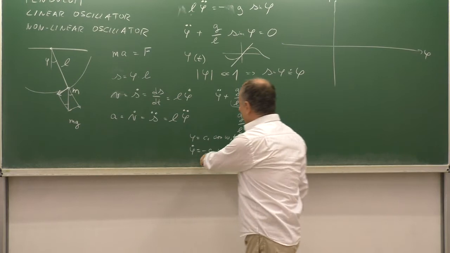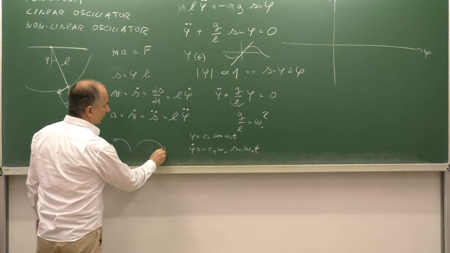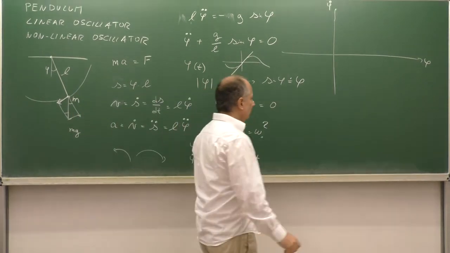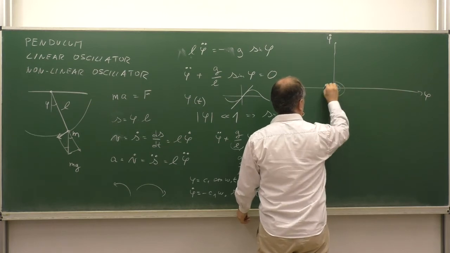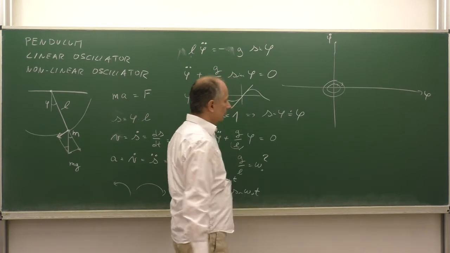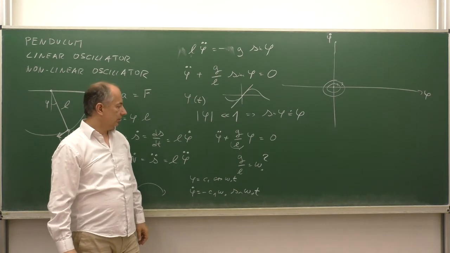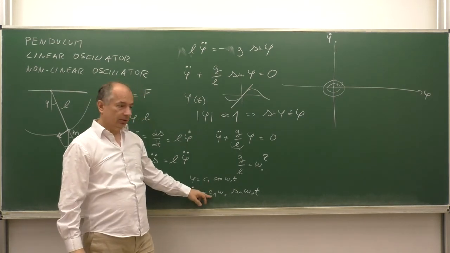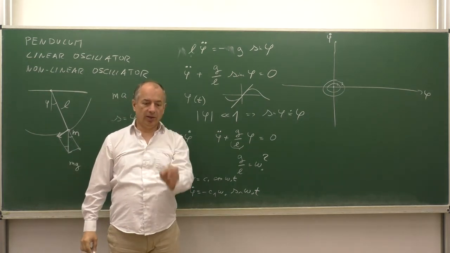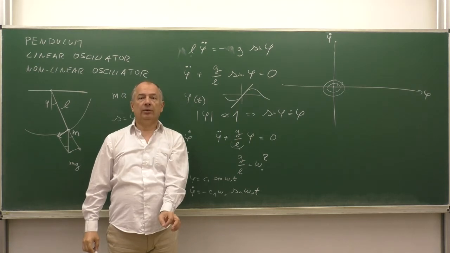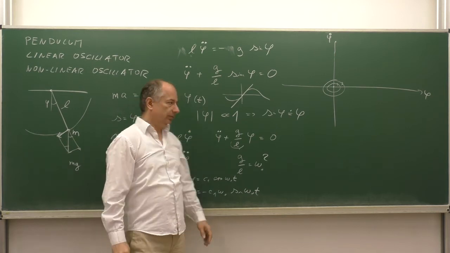This minus means that the ellipse is not run in the positive direction, but rather in the negative direction. So for small x, we have ellipses like that. The origin itself is also a possible solution. If the constants are 0, phi is 0, phi derivative is 0, and that means the pendulum is in the bottom equilibrium position at rest, no oscillation, no motion.